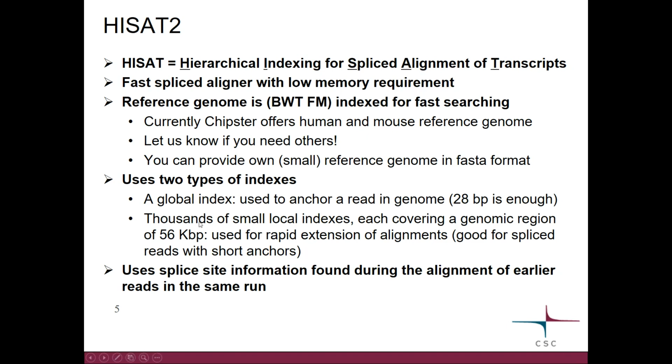And then HISAT uses another smaller index for that particular area to do a rapid extension of this alignment. This two-level approach is particularly good for those reads which have very short overhangs over the splice sites.